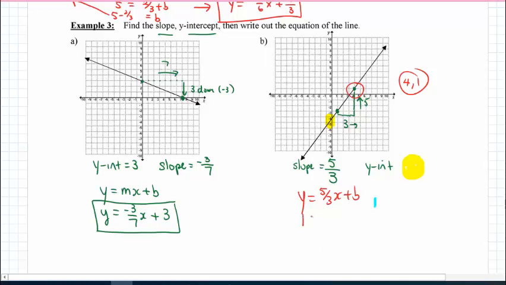I'm going to plug in 4, 1. Ooh, more fractions again, but that's okay. 1 minus 20 over 3 equals b. Common denominator, 3 over 3 minus 20 over 3 equals negative what?